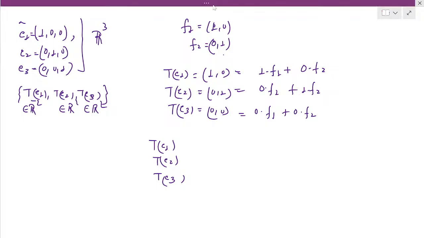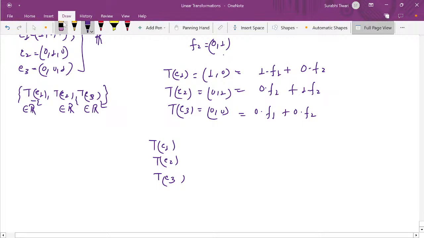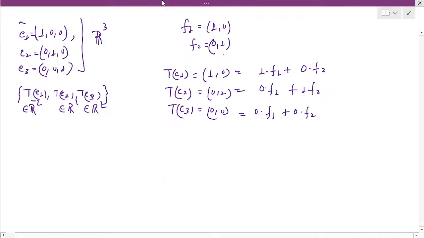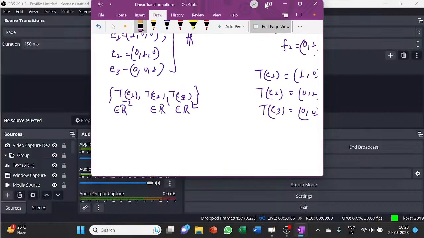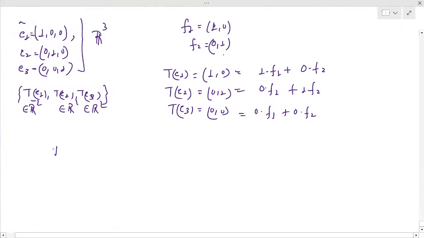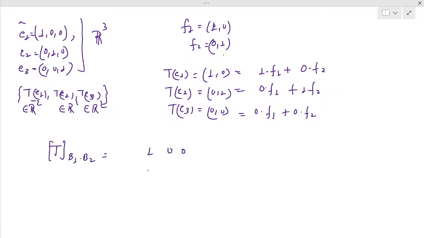We want to write the matrix of transformation. So the matrix of transformation T, which relates the basis set B1 to B2, would be simply 1, 0, 0 and 0, 1, 0.